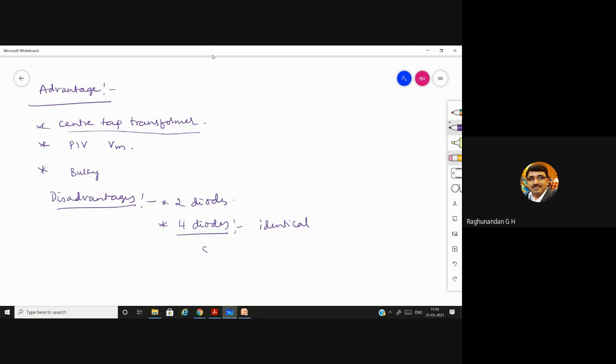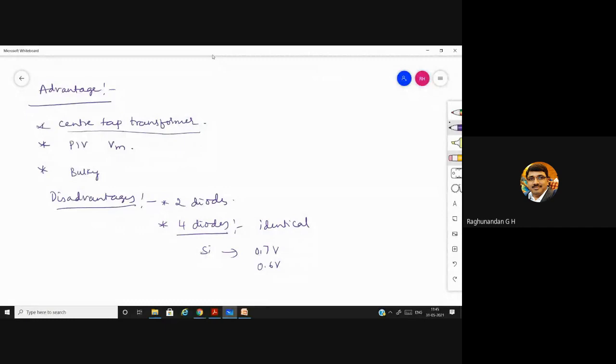If you are using silicon diodes, all four silicon diodes should have the same cut-in voltage, say 0.7 volt, or 0.6 volt. It might be lesser or greater, but all of them should have the same.